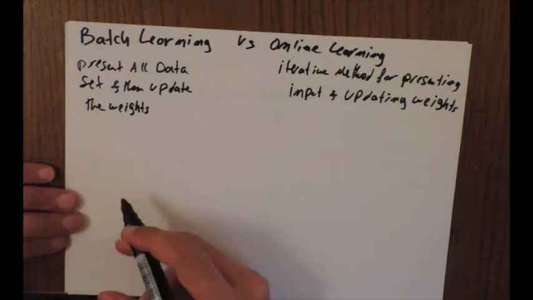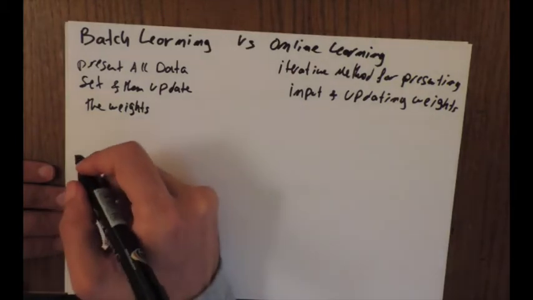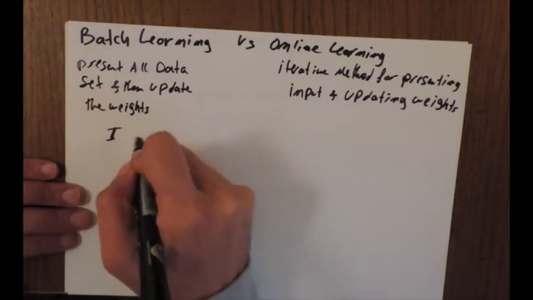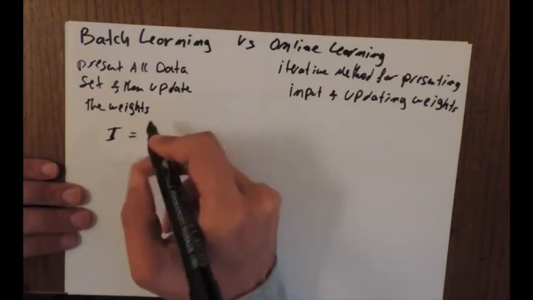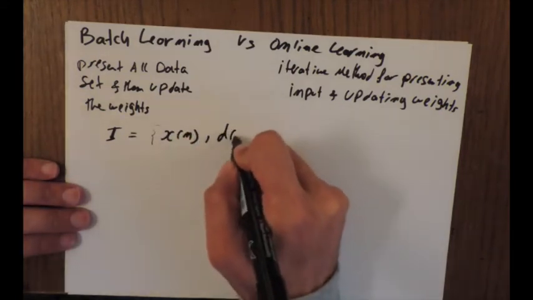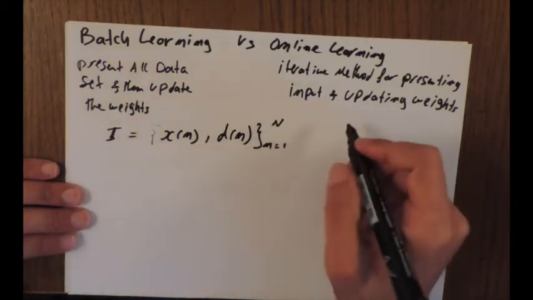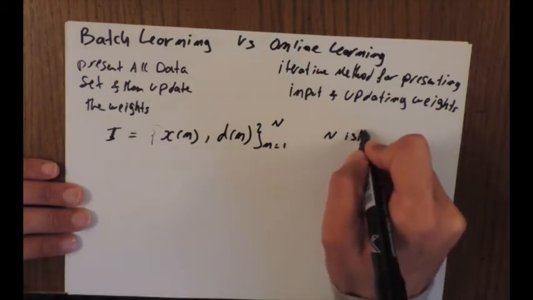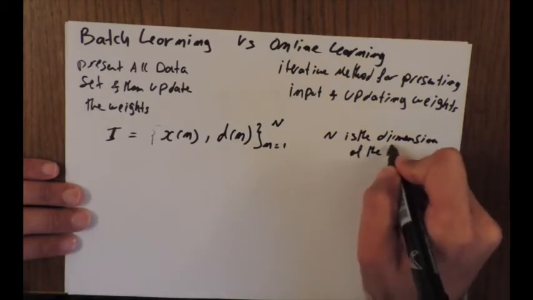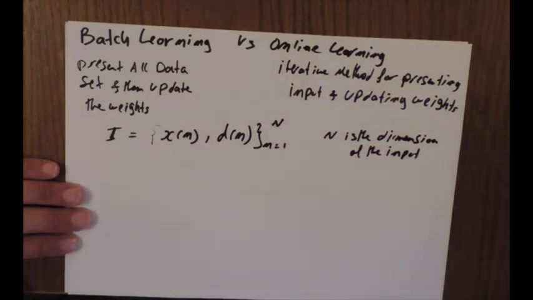Okay, so before going into the differences between batch learning and online learning, let us consider the data sets and the error signals. So consider a function which has x of n as the input, d of n, of course here we're talking about supervised learning, where n goes from 1 to capital N. Here n is the dimension of the input (2D or 3D or 4D), depending on the number of rows.